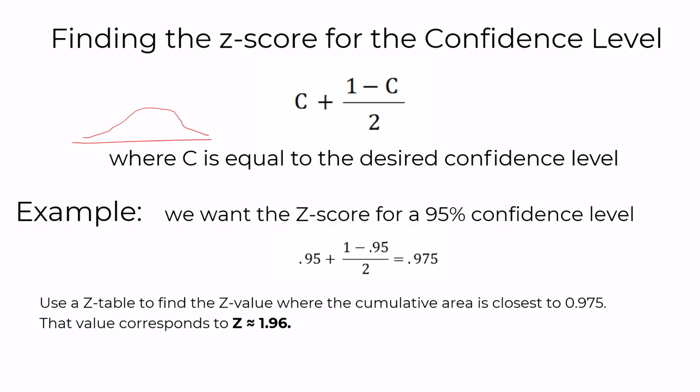Remember that the area under the curve is equal to 1. Okay, so we have here in our formula, that's 1. That's the entire area of the curve. We just like to subtract it to the confidence level that we want to have. So say, assuming we wanted to have 95% here.